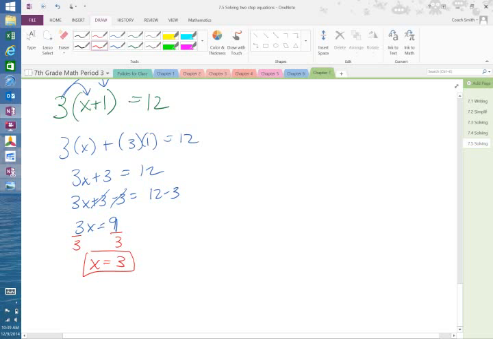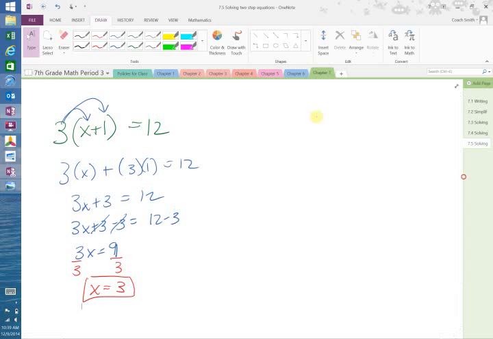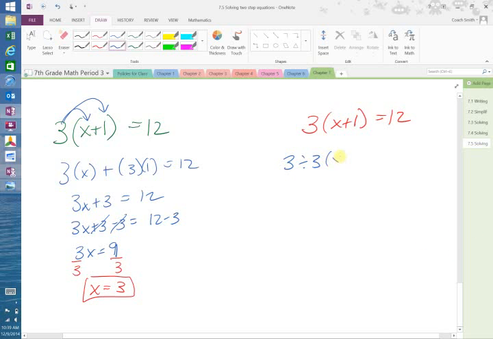Now, the other way to do this is this. You can do the inverse of multiplying by 3, which means you do this. 3 divided by 3 times x plus 1 equals 12 divided by 3.